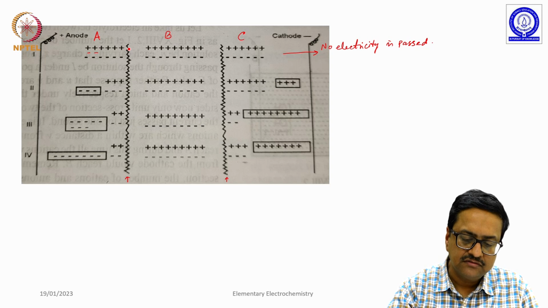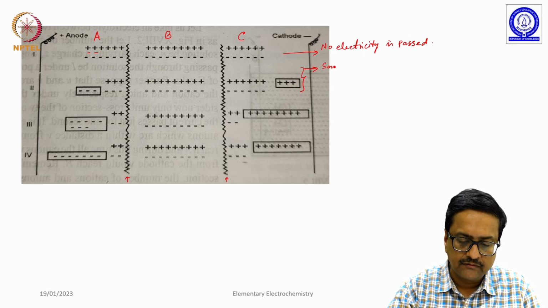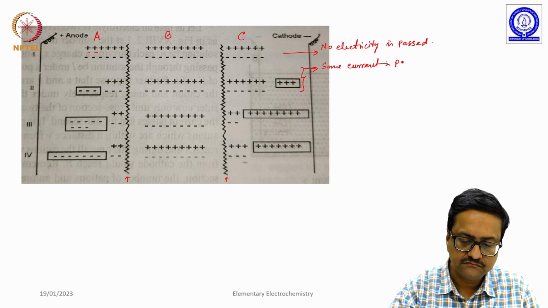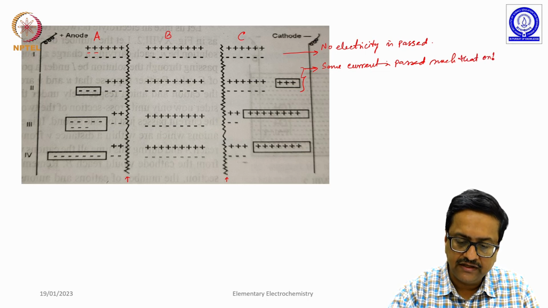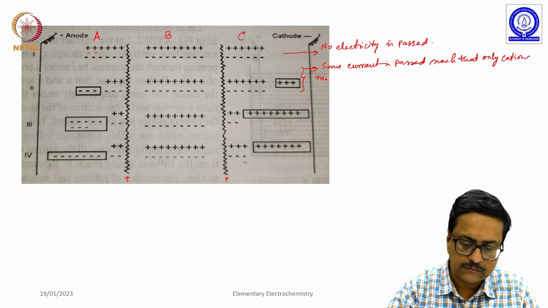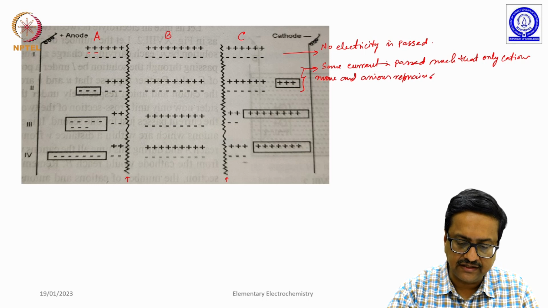Then suppose, in case number 2, some current is passed such that only cations move and anions remain static.